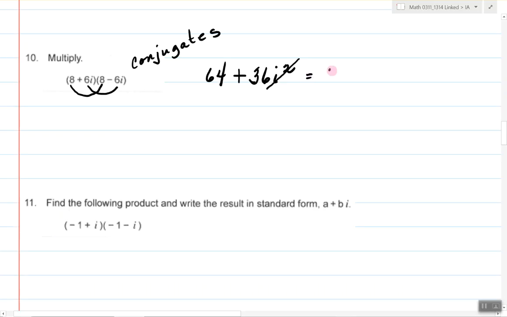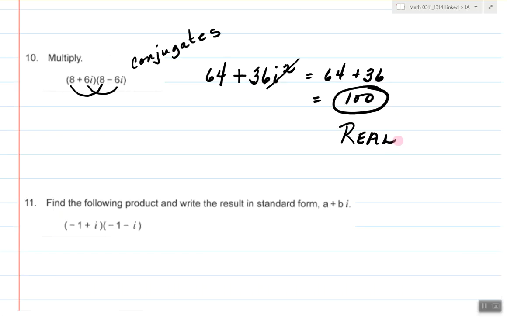So you end up with 64 plus 36, which is 100. Something to note: the product of complex conjugates will always be a real number, and that's a very valuable fact to remember. Let's multiply some conjugates again.